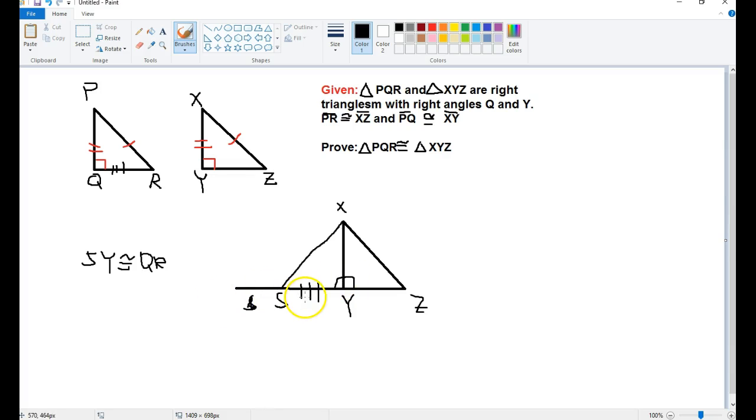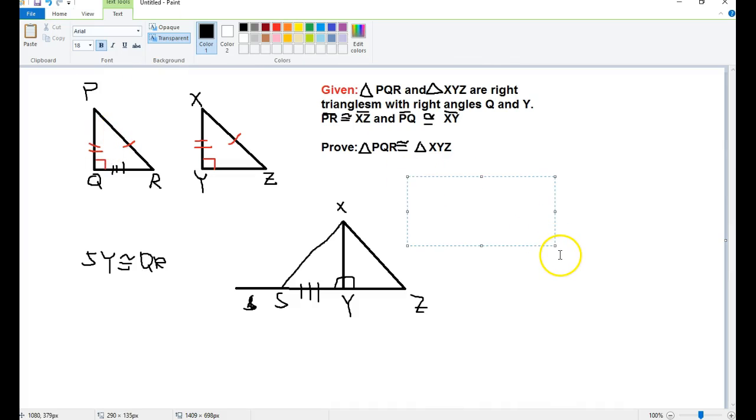Now we have SY and the right angle and XY, so we can show that this triangle here is congruent to this triangle here. So we can show that triangle PQR is congruent to triangle SYX by SAS.